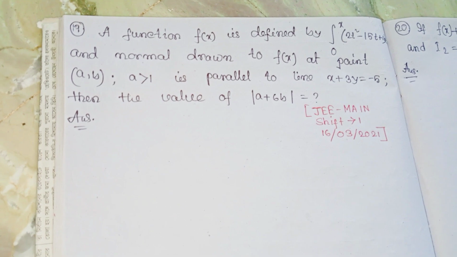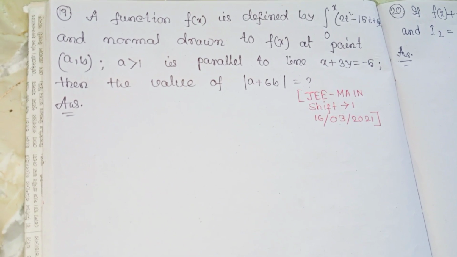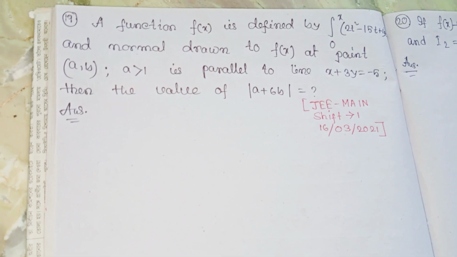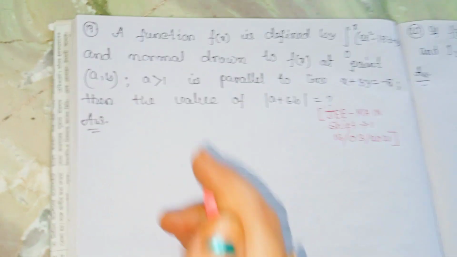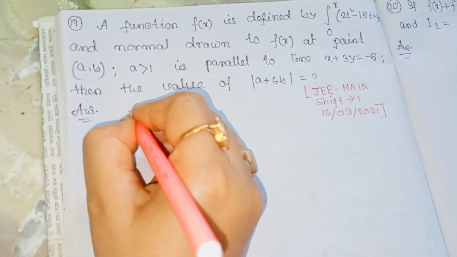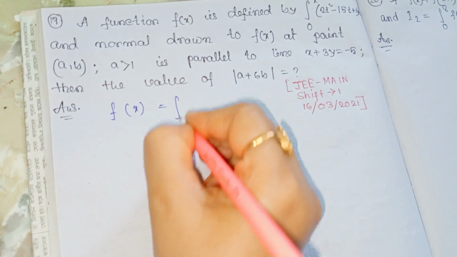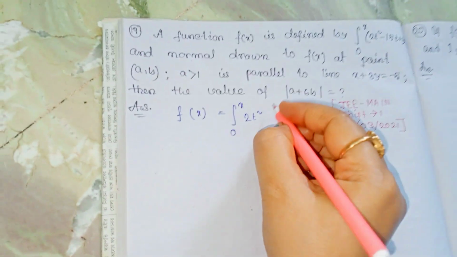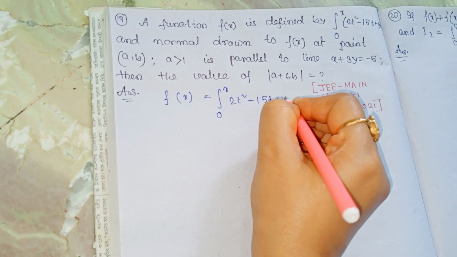At first, this is a memory based question, and the question is on the equations of the curve and function. So f(x) is given here, that is f(x) is equal to the integral from 0 to x of (2t² − 15t + 10) dt.